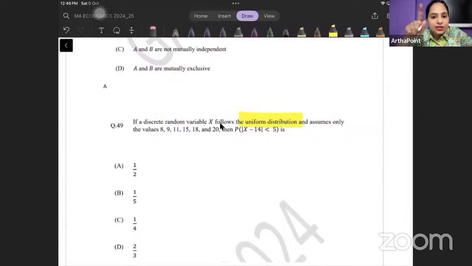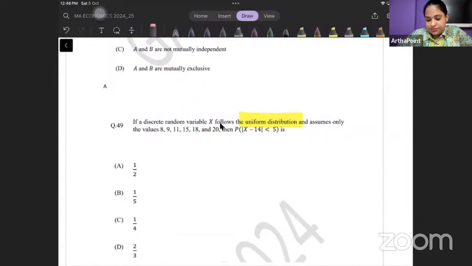But here in this question, we are given that x is rather a discrete random variable. So discrete में uniform का क्या मतलब निकल सकता है? What can it mean? First tell me that. What does it mean to be uniformly distributed but in a discrete random variable?